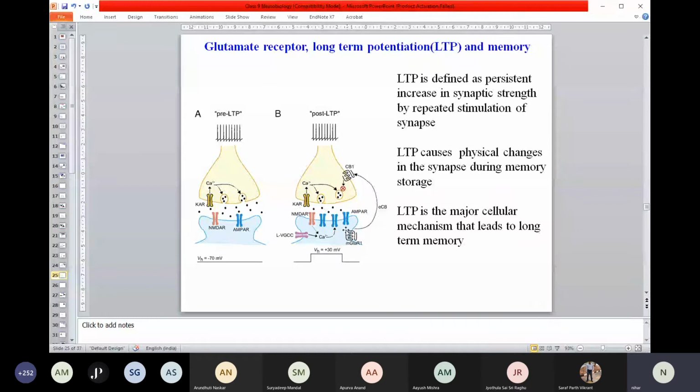We know that EPSP is generated in the postsynaptic neuron, but this LTP is another form of EPSP. So if you give a stimulus with a specific interval and a particular intensity, and that leads to this kind of change in the postsynaptic neuron, only then can you consider it a long-term potentiation. I hope I am able to give some idea about it.